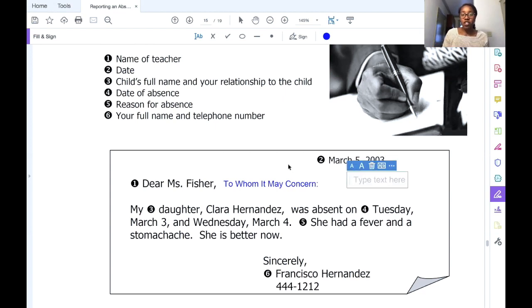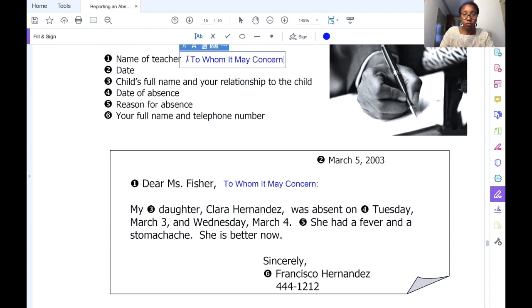So March 5th, 2003, Francisco Hernandez wrote an absence note for his daughter, Clara. So we know that we have the name of the teacher or to whom it may concern. Next, we have the date for today.